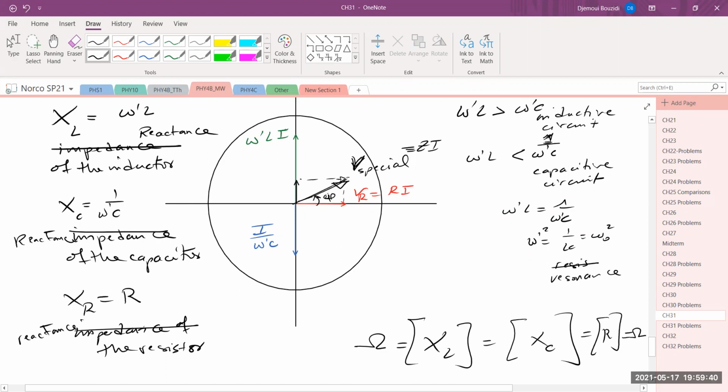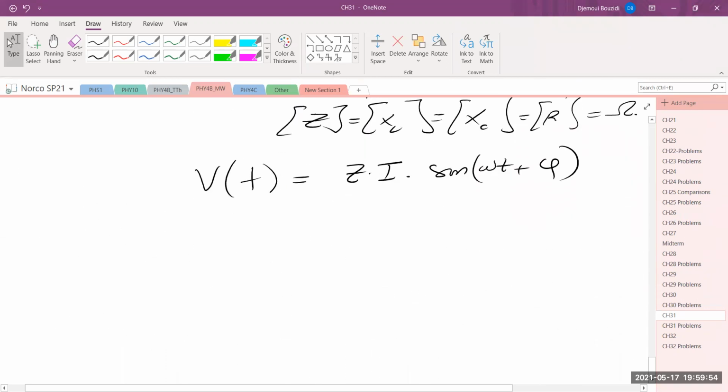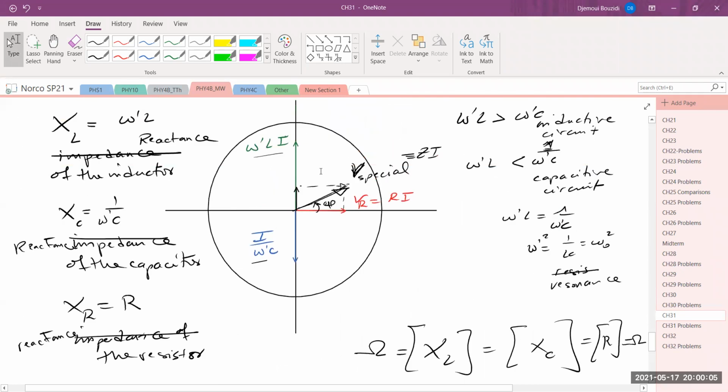And the tangent of this angle is the ratio of the difference between this one and this one divided by R, from this right angle triangle. So the tangent of phi is actually equal to XL minus XC divided by R. You can clearly see from the geometry, this whole thing is XL times I.